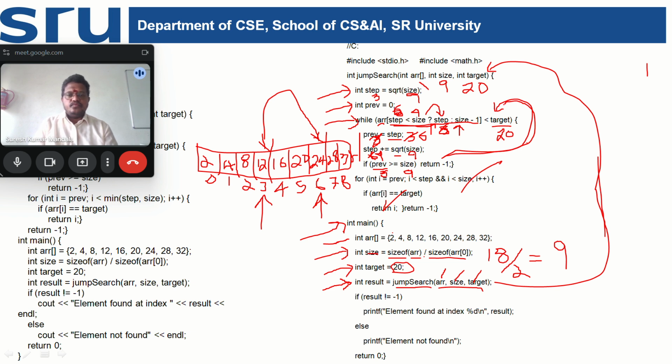Okay. So first thing, we missed this one. Here we are getting 6. ARR of 6, what is the value we are having? 24. Sorry for the inconvenience, we missed one step.